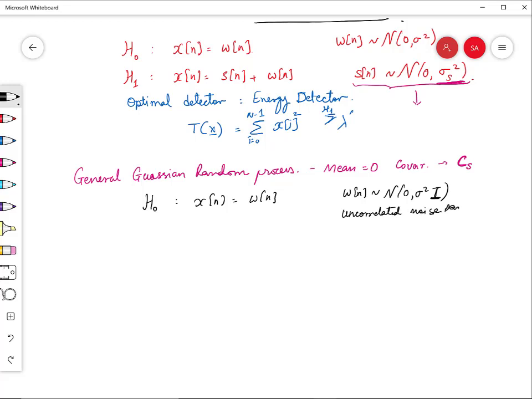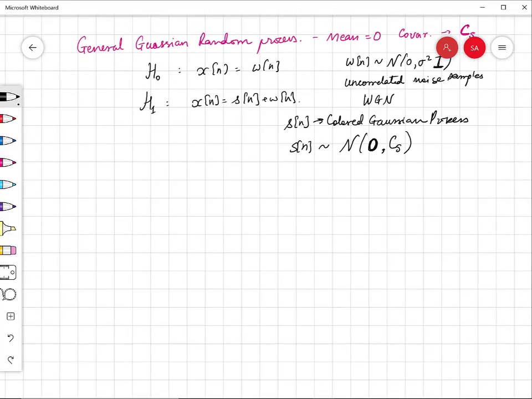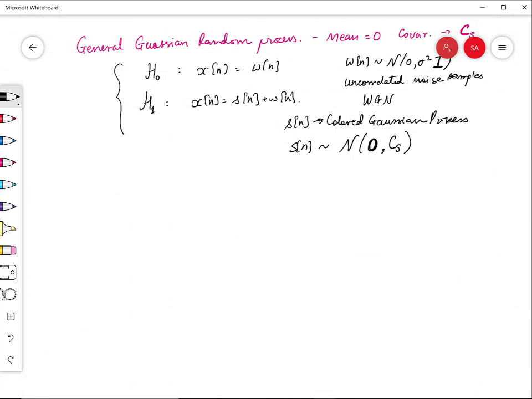The hypothesis H1 is x of n is equal to Sn plus Wn, and now Sn is a colored Gaussian process, and the distribution of Sn is Gaussian with mean 0, where 0 is a vector, and the covariance matrix is given by C of S. Now we have this problem at hand, and let us try to detect it.